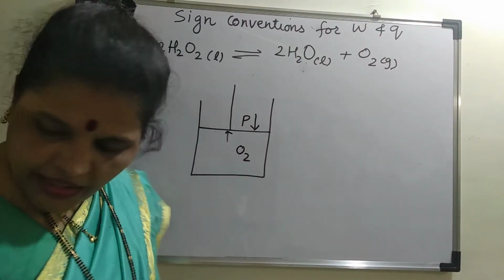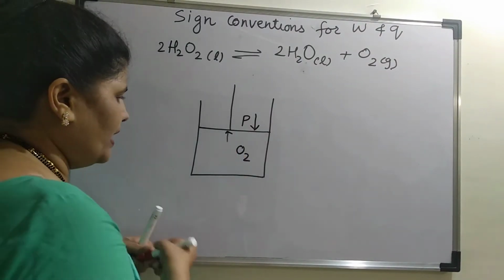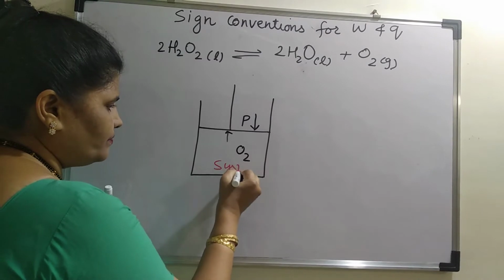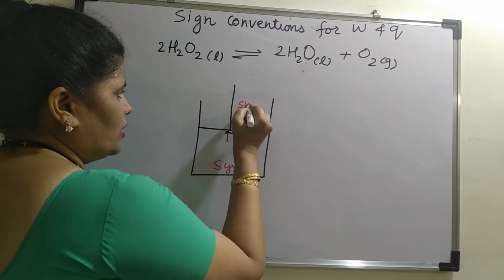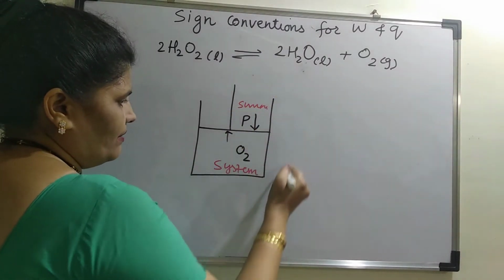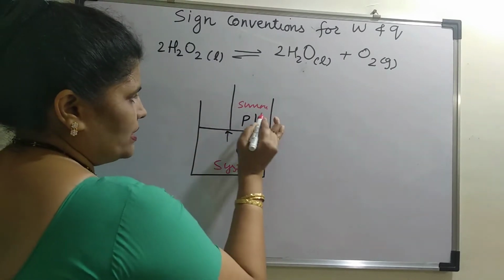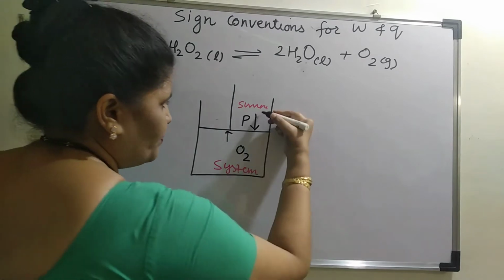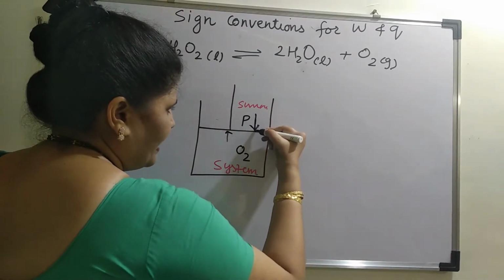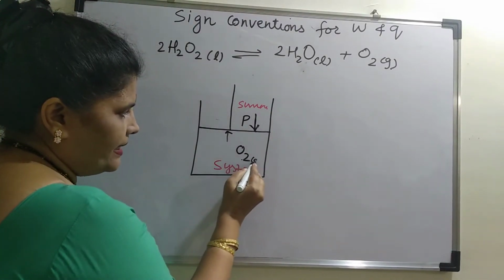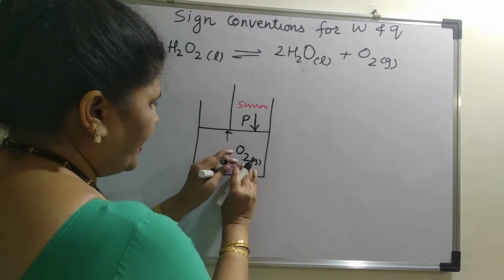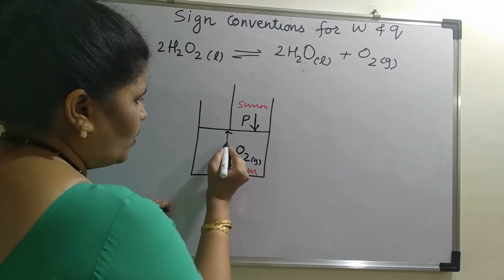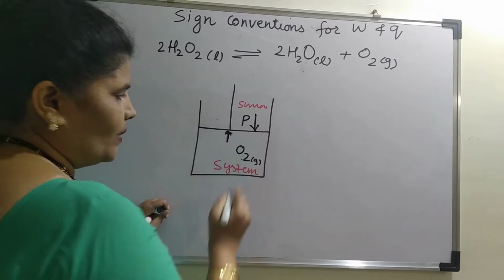Now, if I see the concept of system and surrounding, this is your system and this is your surrounding here. Surrounding is everywhere here, but we are now focusing only on this part. The surrounding is pushing the piston down, but the gas, being lighter, will try to rise up and in doing so, it will push the piston upwards.